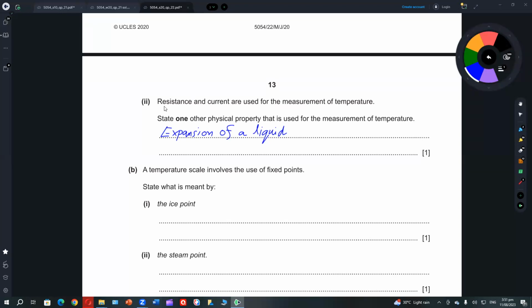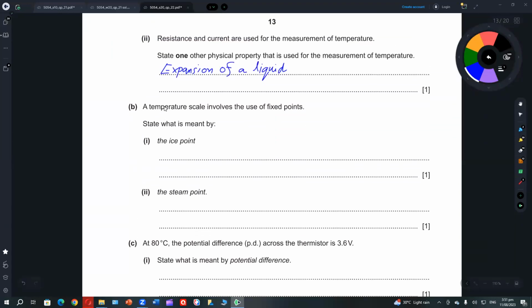State one other physical property that is used for the measurement of temperature. So you can write anything like expansion of a liquid, volume of a gas, which actually responds to temperature. A temperature scale involves the use of fixed points. This is thermodynamics, this is thermal physics. So we haven't done it yet because this is a later chapter.